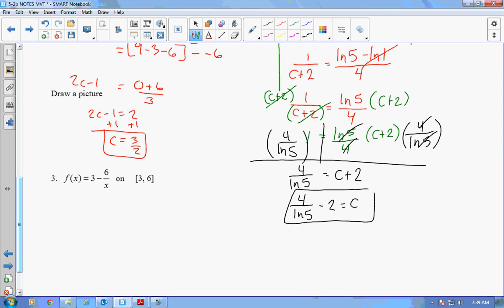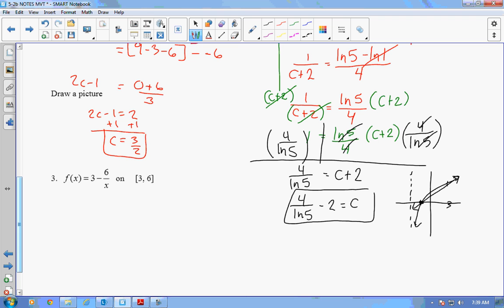What does this mean? So if this was my graph, whatever the decimal of 4 over natural log 5 minus 2 is, that would be your x value, where the tangent line would be the same as the secant from negative 1 to wherever 3 was.